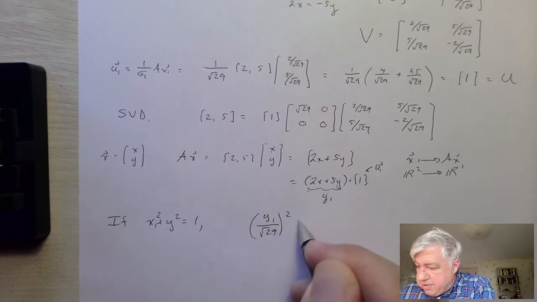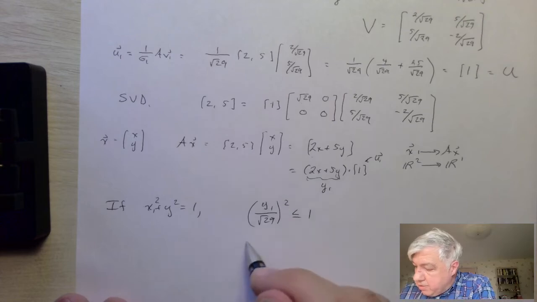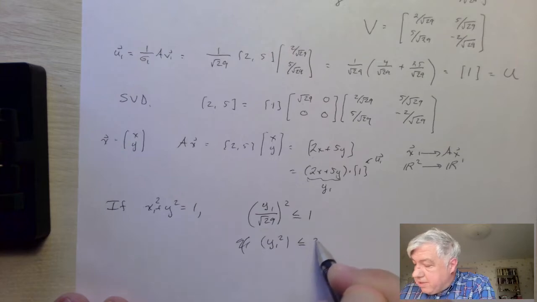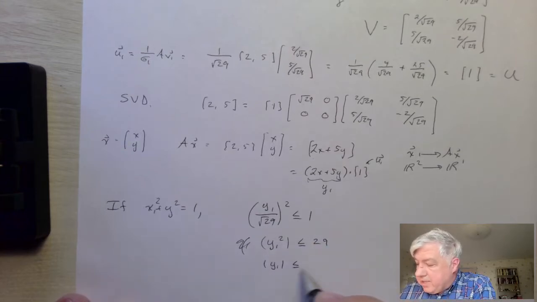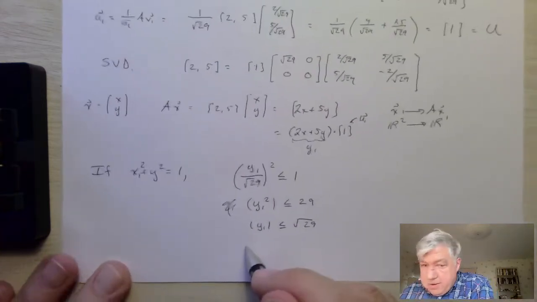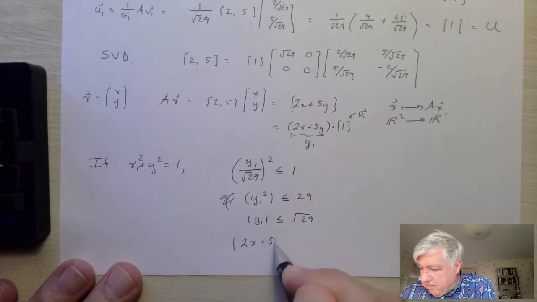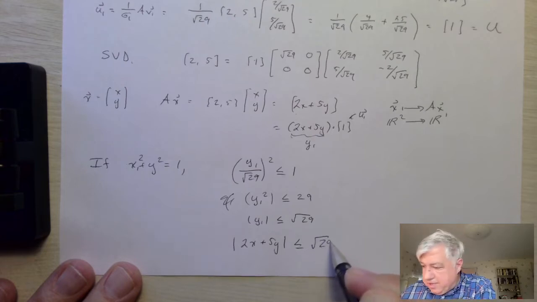This thing squared is less than or equal to 1, which is really the same thing as saying that y1 squared is less than or equal to 29, which is the absolute value of y1 is less than or equal to the square root of 29, which is saying that the absolute value of 2x plus 5y is less than or equal to the square root of 29.